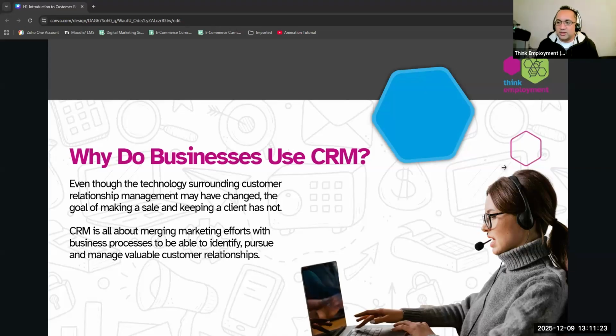So there's lots of functionality there that you're used to on other platforms that would be integrated within a CRM as well. And that's why businesses use it. It's all about merging the marketing efforts and the business processes as well to be able to identify, pursue, and manage valuable customer relationships. So not only are you selling to the customers, you're also managing your business through the CRM. Okay. So carrying on.